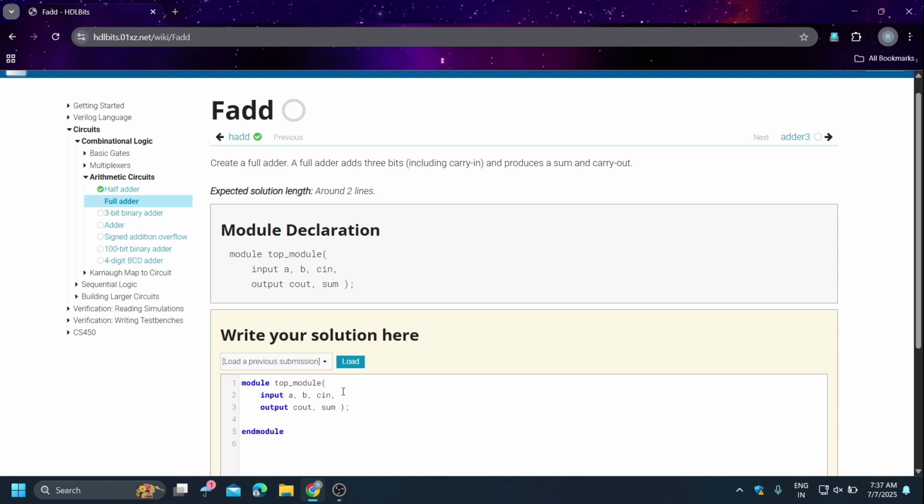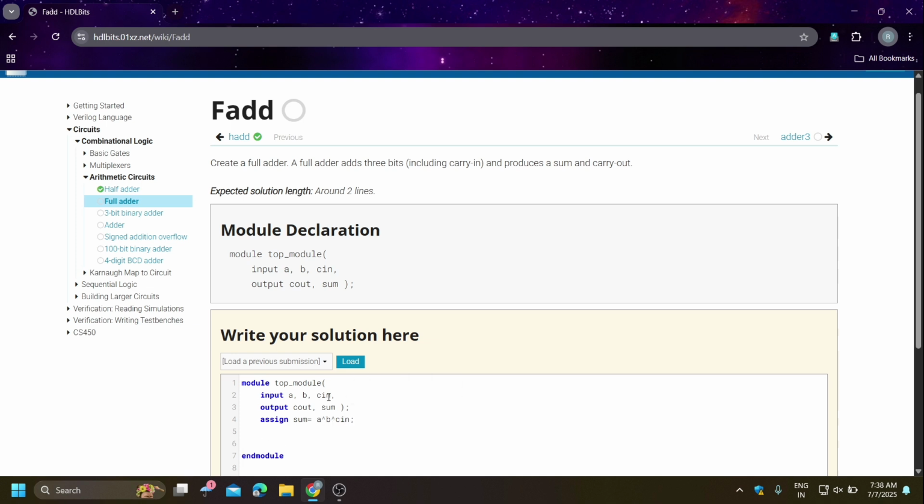For sum, as we have 3 inputs, assign sum equal to, so what is the expression? As 3 inputs are there, so A XOR B XOR C in. Because the inputs are A, B and C in, that's why A XOR B XOR C in.